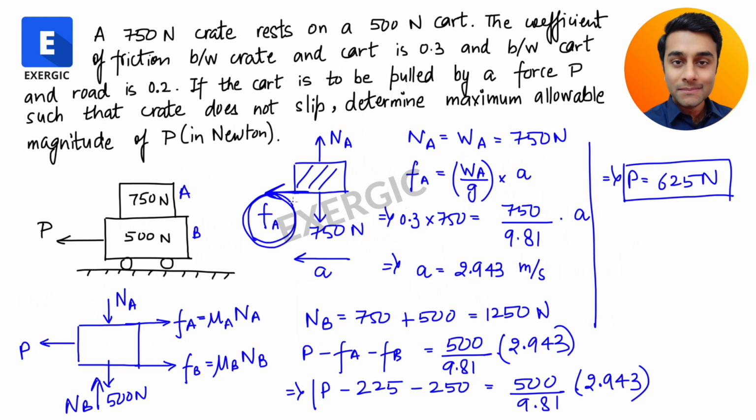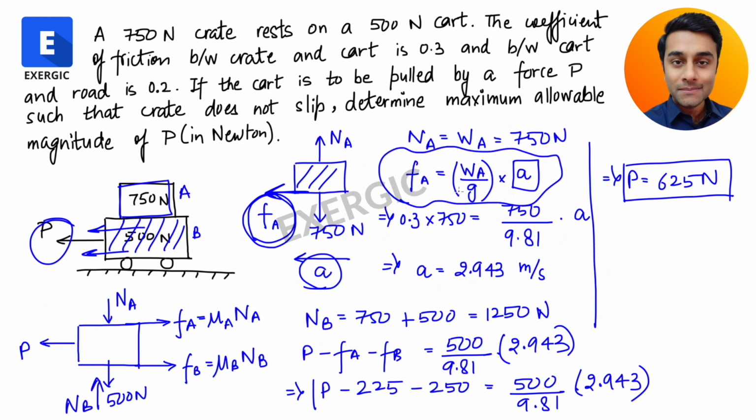Any further increase in the value of P will increase this acceleration, and if this acceleration is increased, then the cart will start moving in this direction, but this block cannot have that value of acceleration. This value of acceleration that you are calculating from this formula, what is it telling you? It is telling you that the acceleration which you are calculating using the maximum value of friction is that acceleration which the crate can withstand.